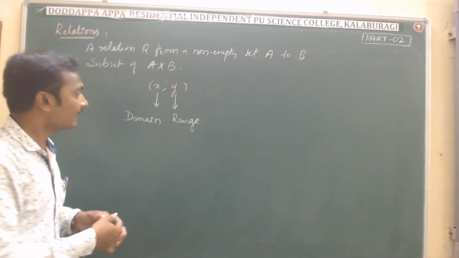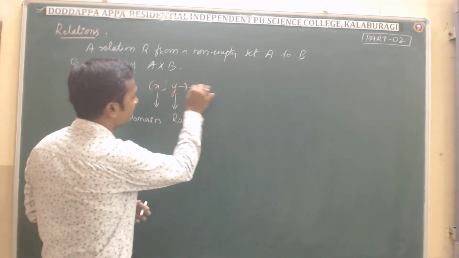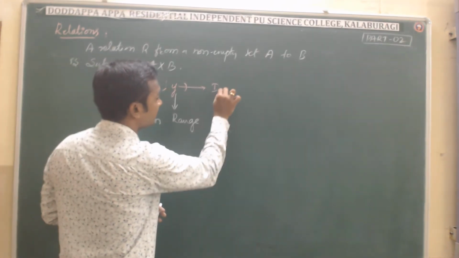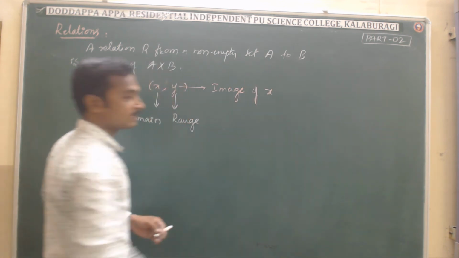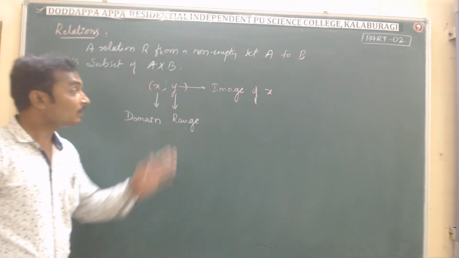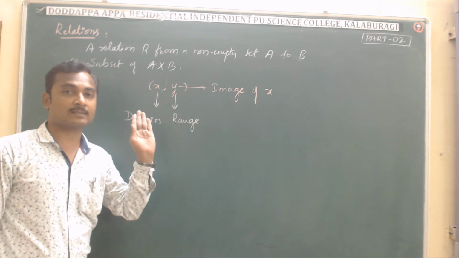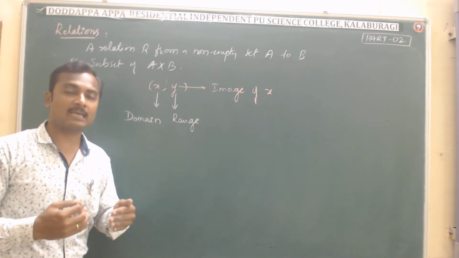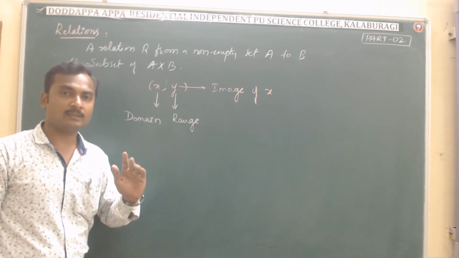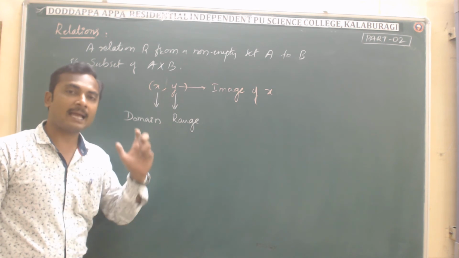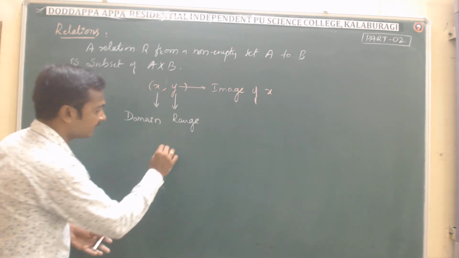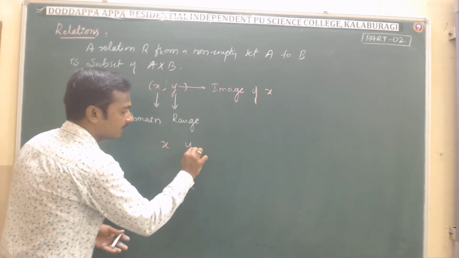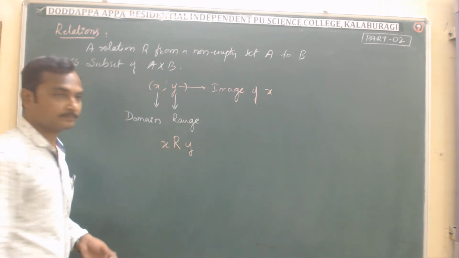In fact, I can also say that the second element is also called the image of X. I can say that Y is an image of X, as X comma Y is an element of the Cartesian product A cross B. X comma Y are in relation. I can also write here that X and Y are related.